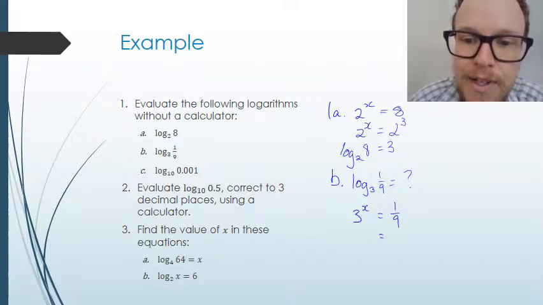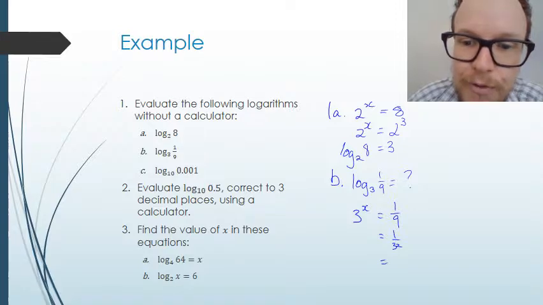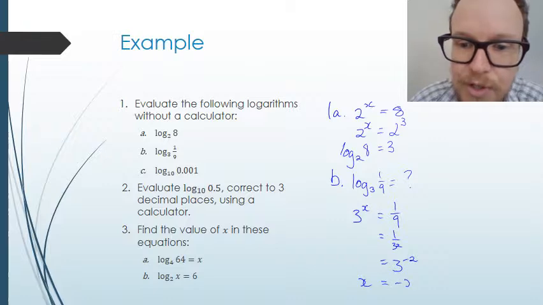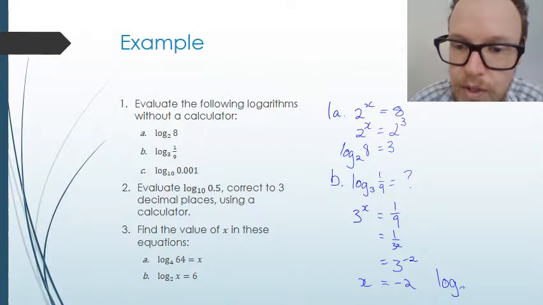We know that 1/9 is 1/3 squared, and we know from our index laws that that's 3 to the power of -2. So x in this equation is equal to -2, which means that log to the base 3 of 1/9 is equal to -2.